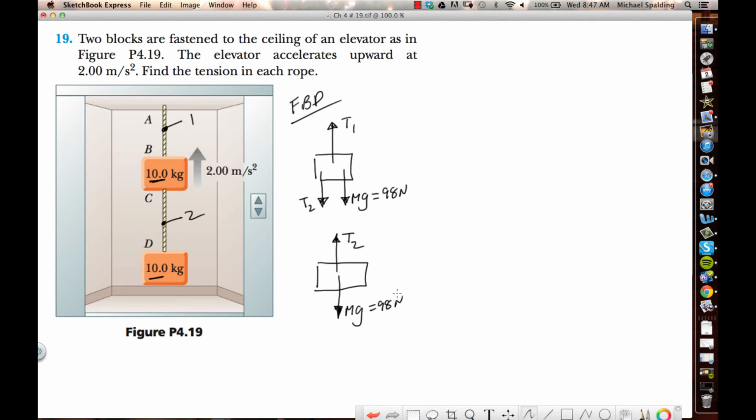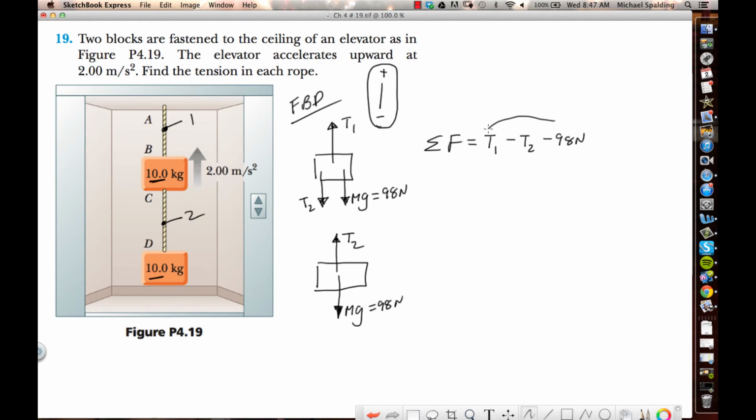So then after free body diagrams, you sum the forces. We're going to do it for each mass, paying attention to sign conventions. Up is plus, down is minus. That's our sign convention. So for the upper mass, we're going to have T1 minus T2 minus 98 newtons.